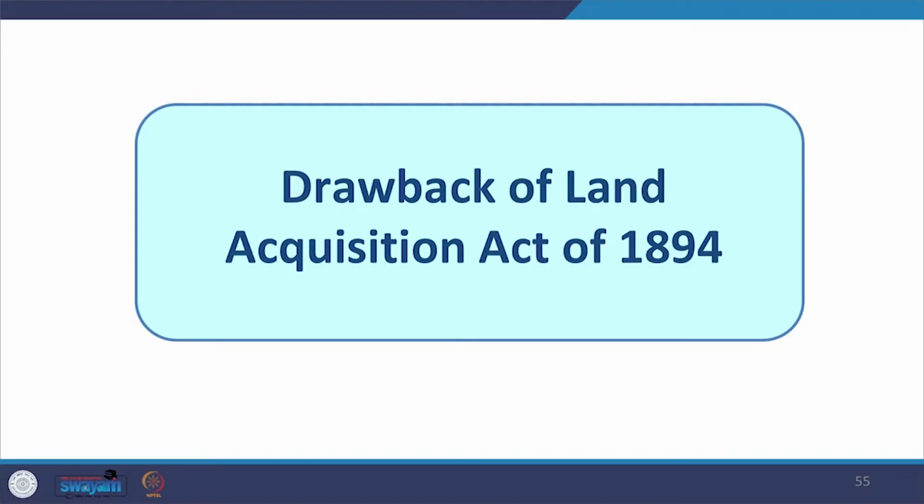Looking into the drawbacks of the Land Acquisition Act of 1894, as per Daniel's writing, in the past years, large-scale acquisition of land has been made for companies under Part 7 of the 1894 Act, proposing to use the land for a public purpose.